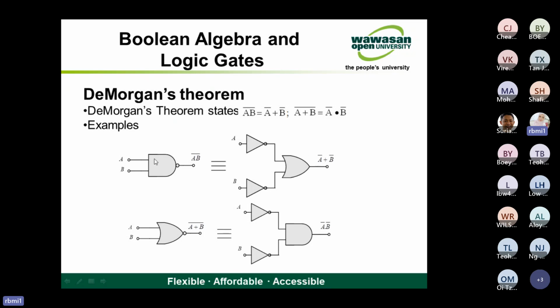So this is the first condition and this is the second one. We have A plus B, this is a NOR gate, we have A plus B bar, and this is after we use an AND gate, we get A bar B bar, right? So this is for De Morgan's theorem.